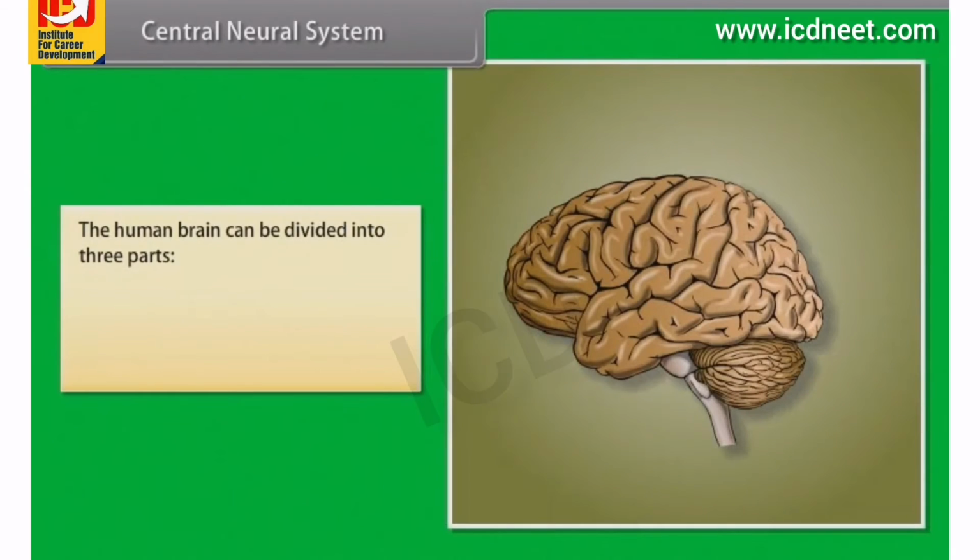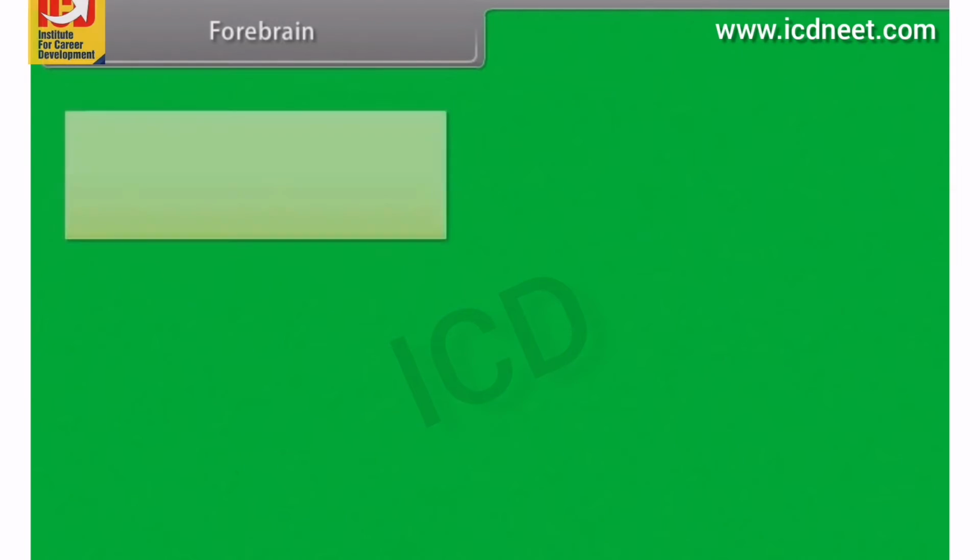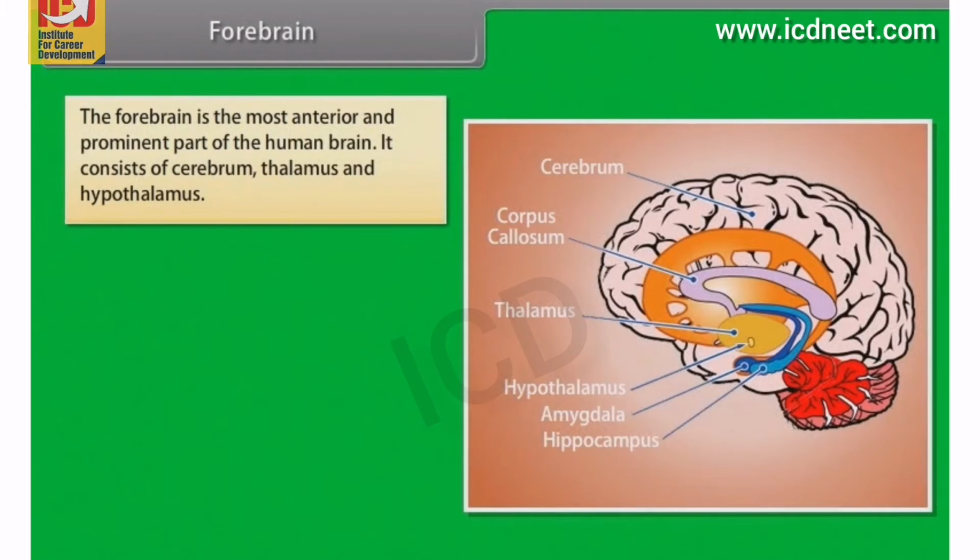The human brain can be divided into three parts: forebrain, midbrain, and hindbrain. Forebrain. The forebrain is the most anterior and prominent part of the human brain. It consists of cerebrum, thalamus, and hypothalamus.